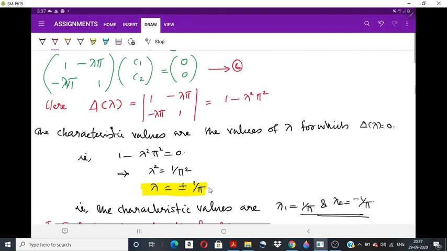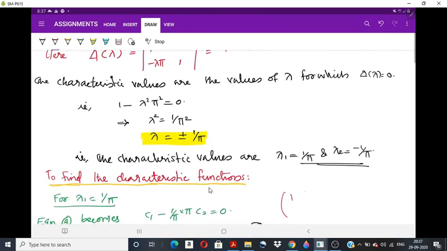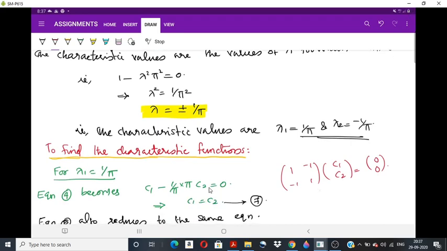The system, for lambda equal to 1 by pi, is the matrix 1 minus 1, minus 1 1, into C1 C2 equal to 0 0. And we can find it like this. Our first equation is C1 minus C2 equal to 0, and the second equation is minus C1 plus C2 equal to 0.